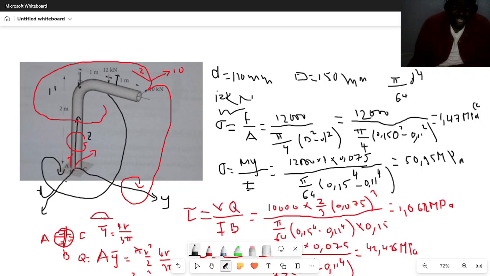So now, to determine the sign of our moment, you study the curve. You represent the curve the way I'm doing like this, and you use your right hand rule, where your four fingers follow the arrows and your thumb gives you the direction or the sign of your moment.